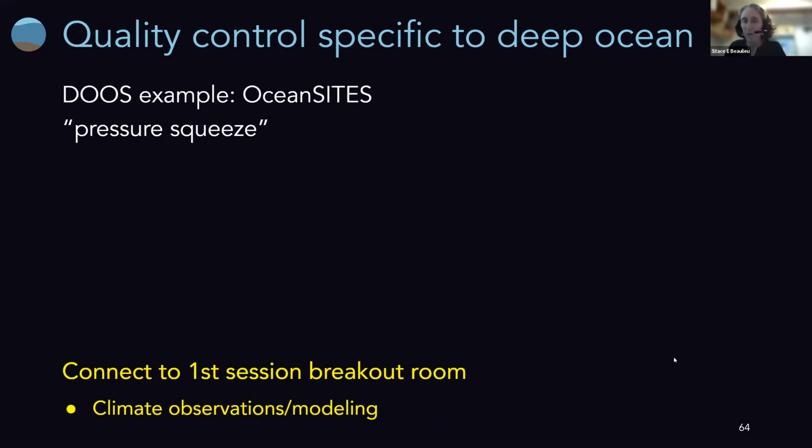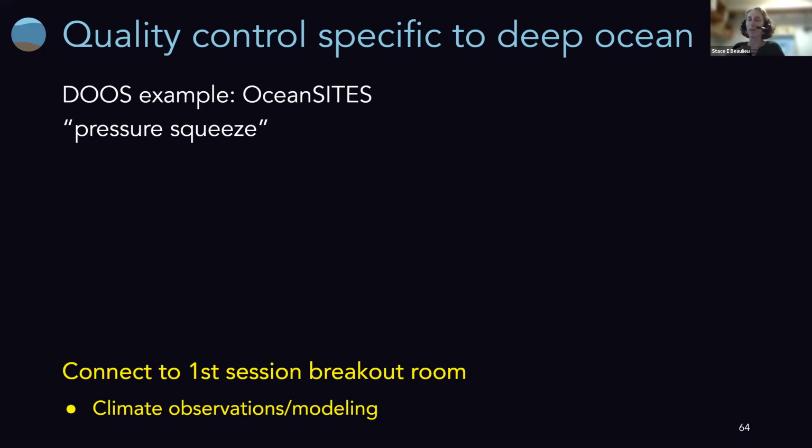Also in the live session, I'm hoping to talk a little bit about a quality control process that's going on within OceanSITES, which is another DOERs partner. And it's very unique to deep ocean science, right? So what do we have to think about that coral reef researchers or anyone working in coastal systems won't?